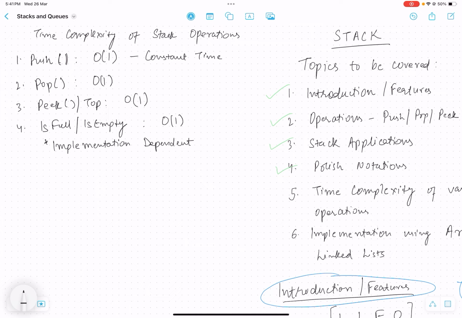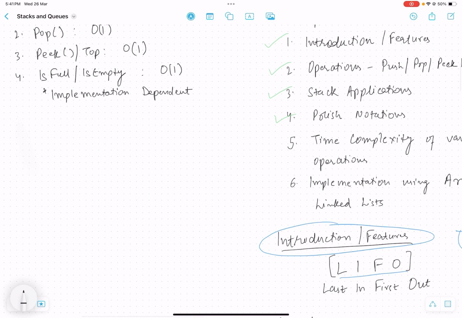Okay. Next one is solving infix, postfix, or prefix expressions. And time complexity for solving this is O(n), which is linear time.